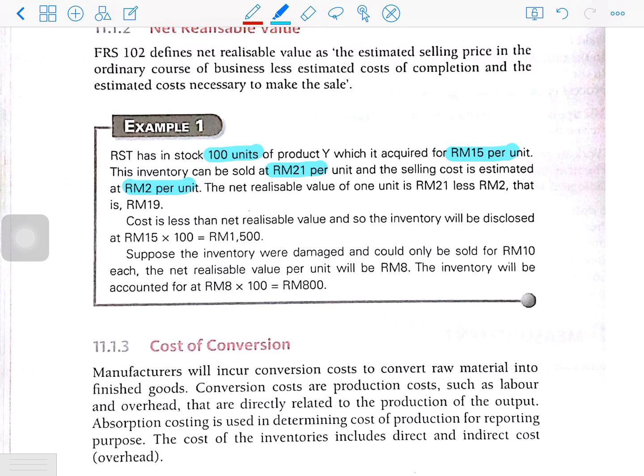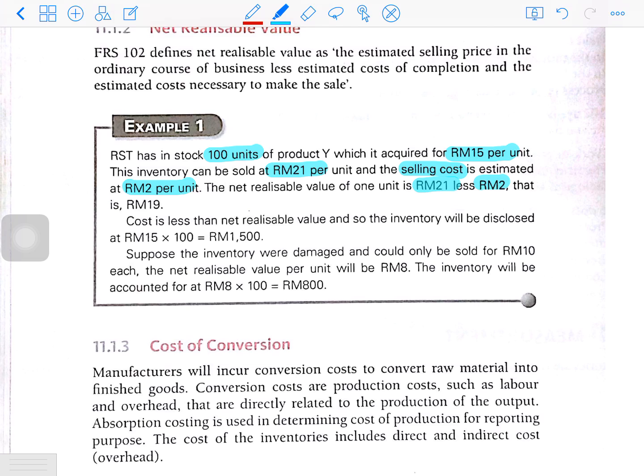The net realizable value of one unit of this product should be 21 less 2, which is the selling cost, and that is 19.